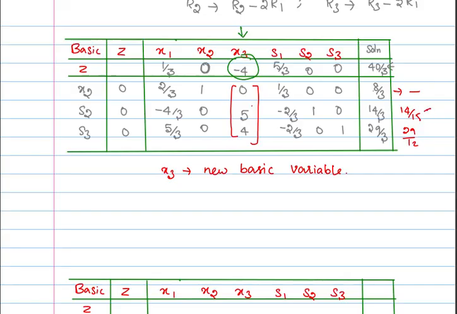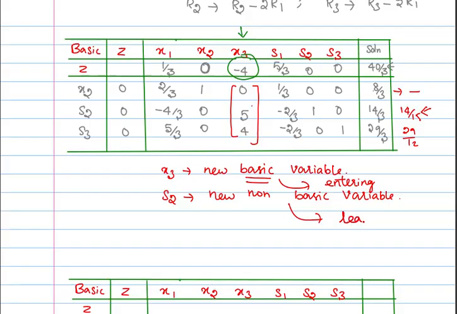From this, this is the least ratio, so this implies X2 becomes the new non-basic variable. Some people call the basic variable the entering variable, and this non-basic one the leaving variable.